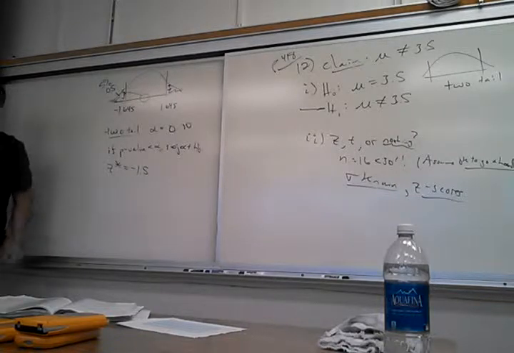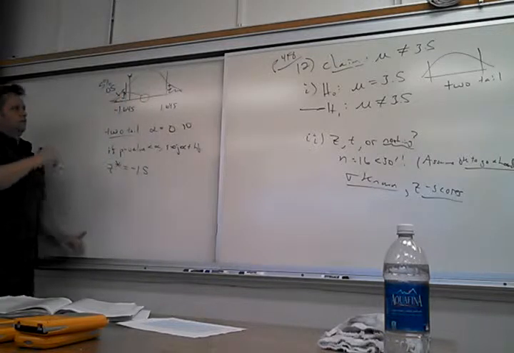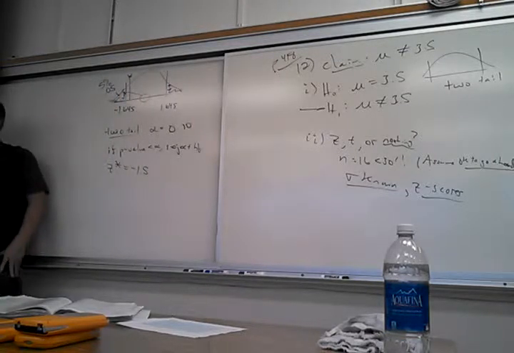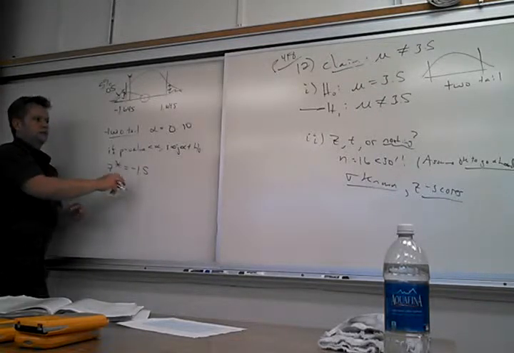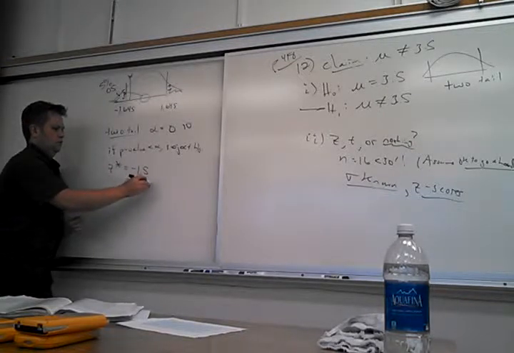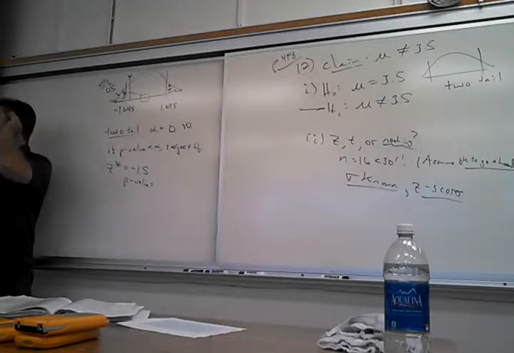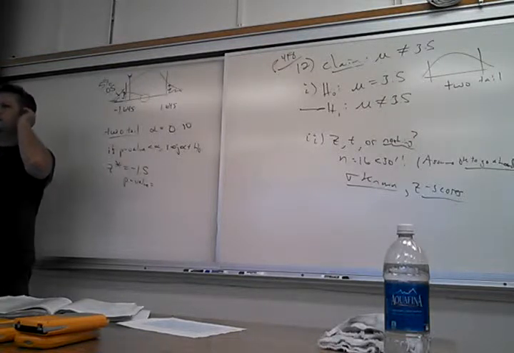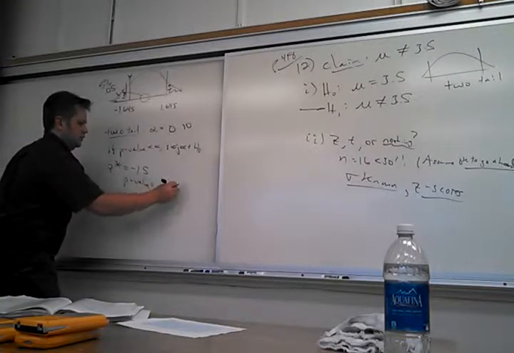Did I reject the null? Did I make it far enough away? No, because I'm right here, right? Cool. I didn't make it far enough away. So what's this guy's p-value? 0.0668.